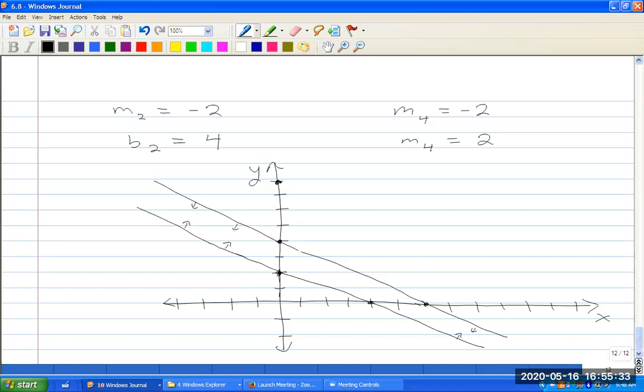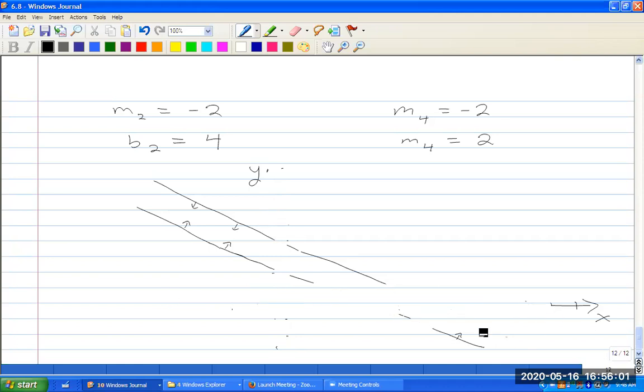Okay, I made them bigger. Okay, so at 2, maybe I should have made it that way, because at 4, it's going to be way up here. Sorry. I shouldn't have made it so big.